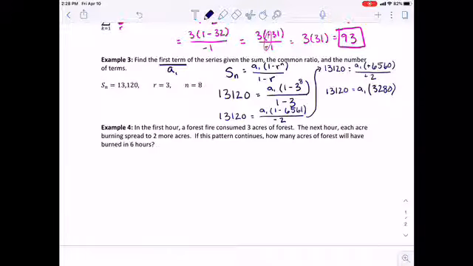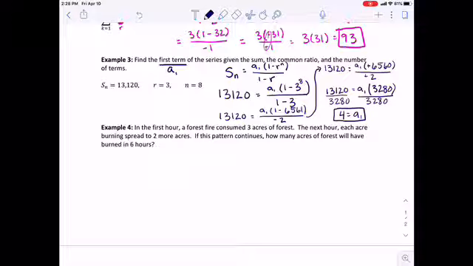Now to get the A sub 1 alone, I'm just going to divide on both sides by 3,280. And if I type that into my calculator, my calculator tells me that it equals 4. Okay, so there's our example 3.